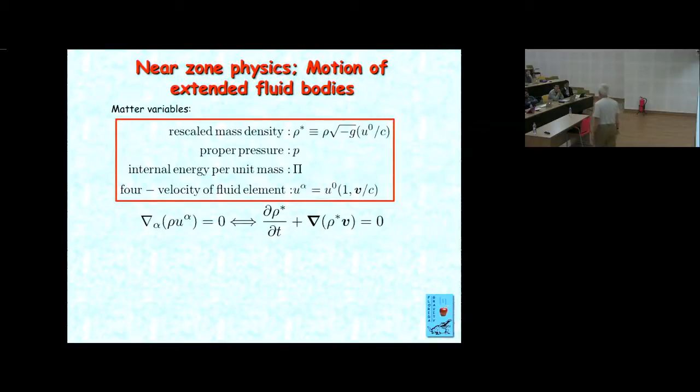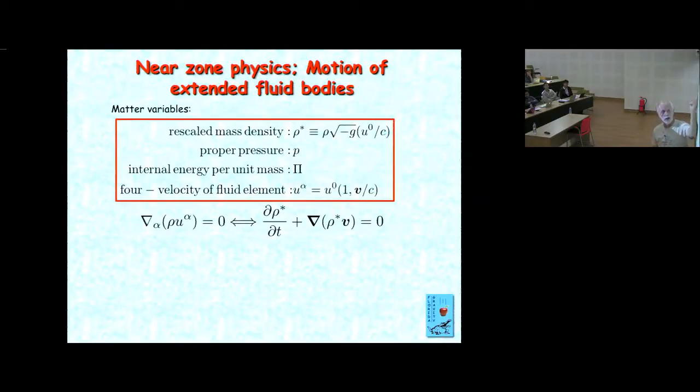We're working in a set coordinate system, so let's use something that behaves nicely in that coordinate system. And this rho star behaves very nicely, because you remember the conservation of baryon number said that there's this current, the baryon number current, that is conserved, because we know baryon number is conserved. And then if we just multiply by the mass per baryon, which for hydrogen is so many grams per baryon, depends on the chemical composition of our fluid, then we get a conservation law: this rest mass density times the forward velocity has 0 divergence.